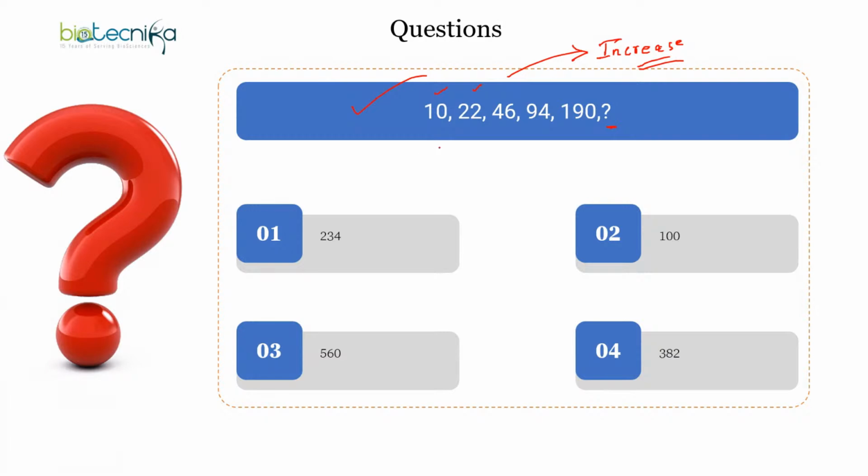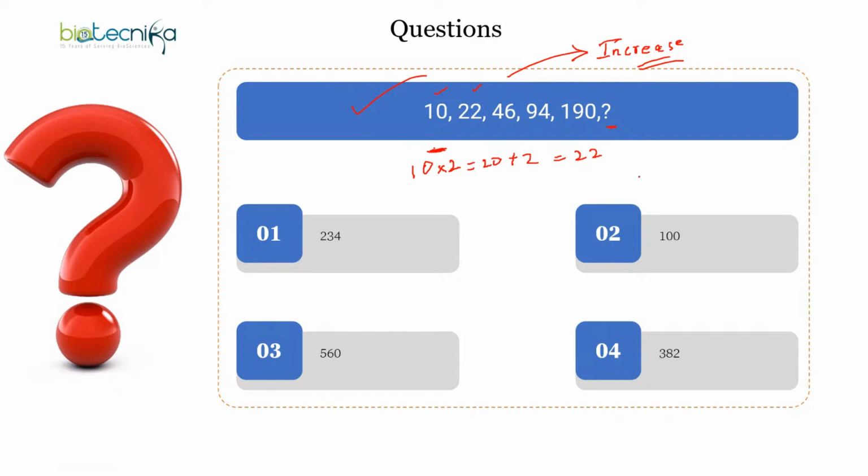For finding out the pattern, a simple thing, just look, 10 is here. If we multiply 2 with 10, we get 20, right? To 20, if I just add 2, then I'll get 22, right?